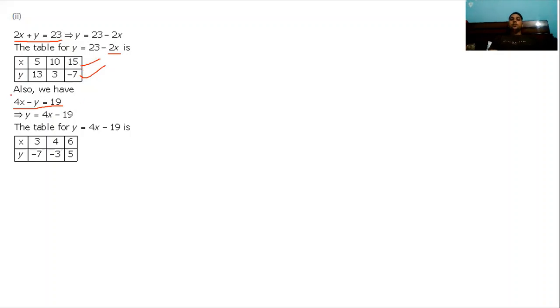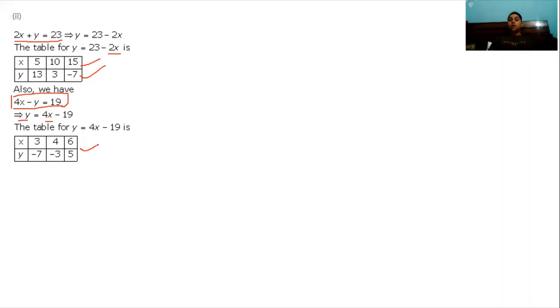Then the next equation, 4x minus y is equal to 19. Again rewrite the equation to make y the dependent variable which depends on the value of x. Substituting different values of x in the equation, make a table and find the value of y. So finally we have two tables here.